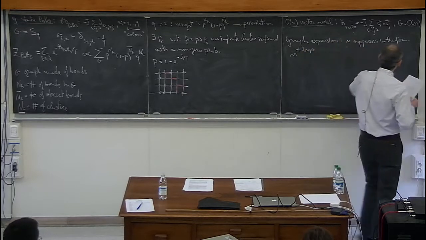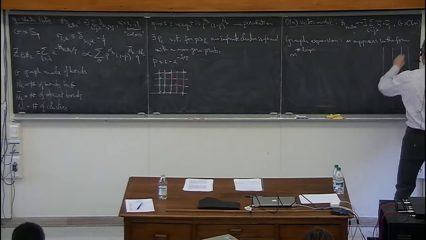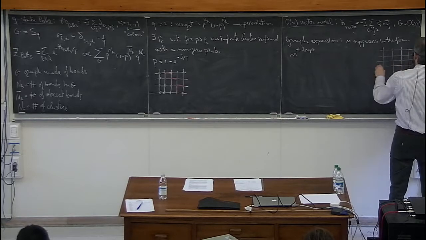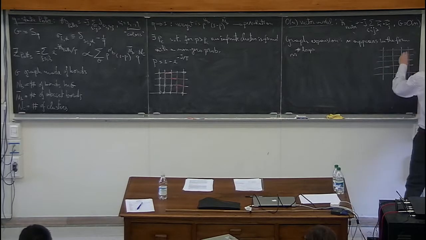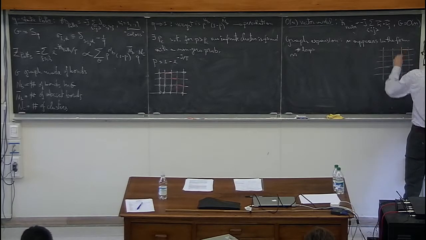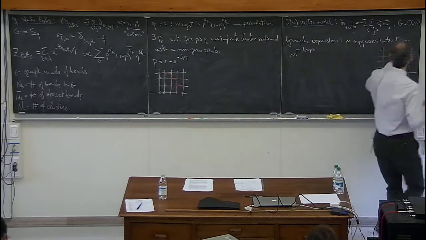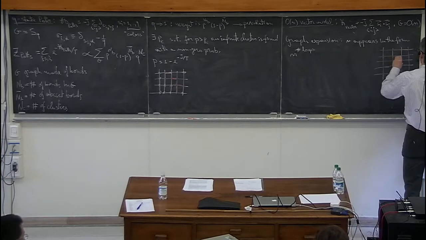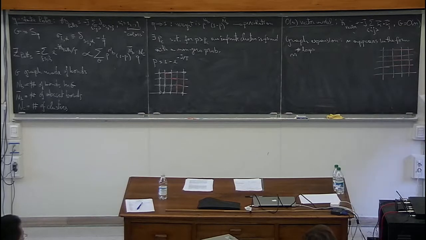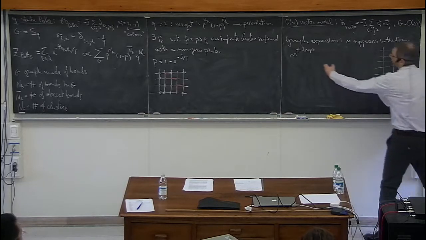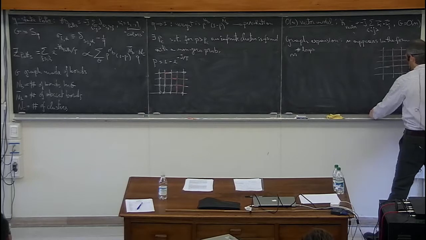Now the graphs you expand on are loops, things like this, okay? So you get this n dependence.